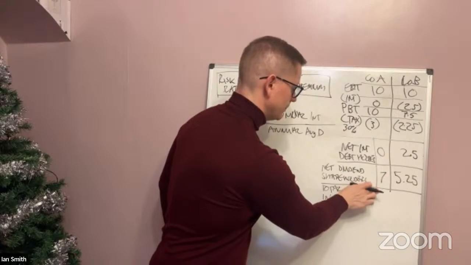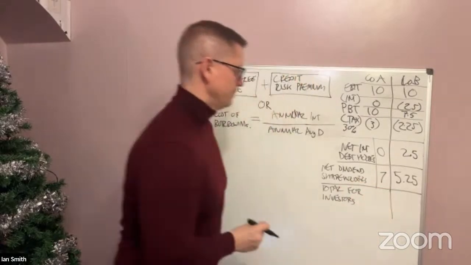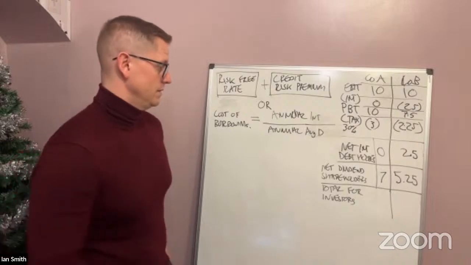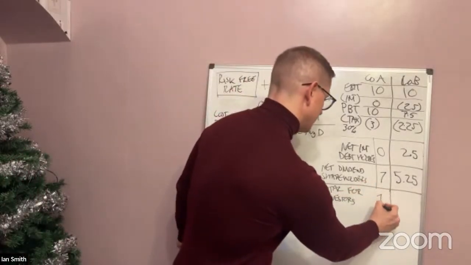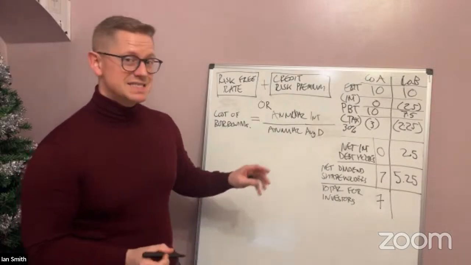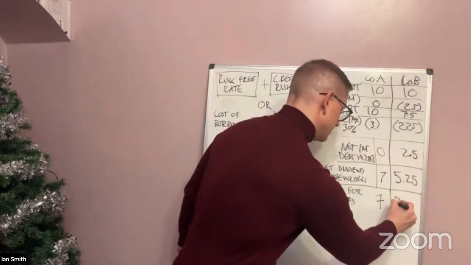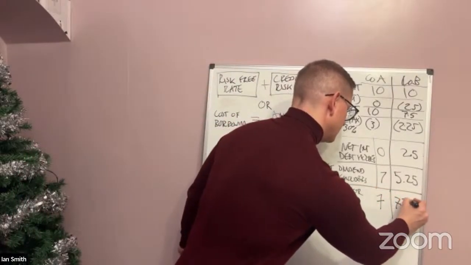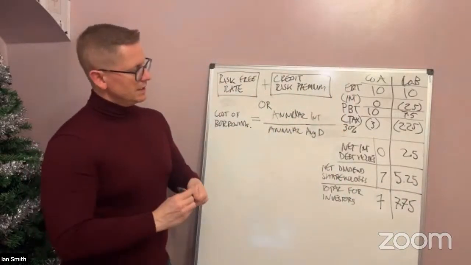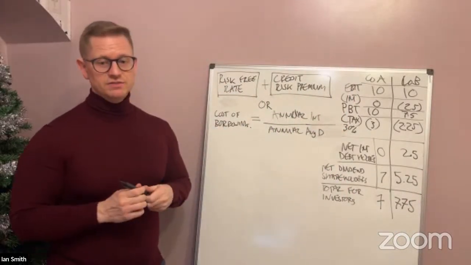But the total for investors now is 7 for company A and 7.75 for company B. Now, why is it 7.75?